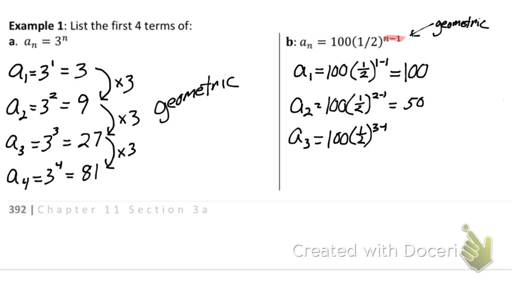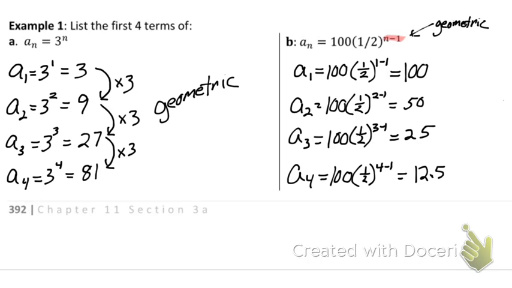Well, that's 1/2 squared, which is 1/4, so it's 1/4 of 100, so that's 25. That says 24. This says 25. And finally, a sub 4 is going to equal 100 times 1/2 to the 4 minus 1, which is 1/8 of 100, which is 12.5.